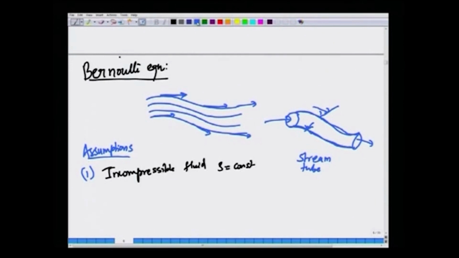Second, we will assume that there is no heat transfer from the outside to inside or vice versa, and there is no shaft work within the stream tube.